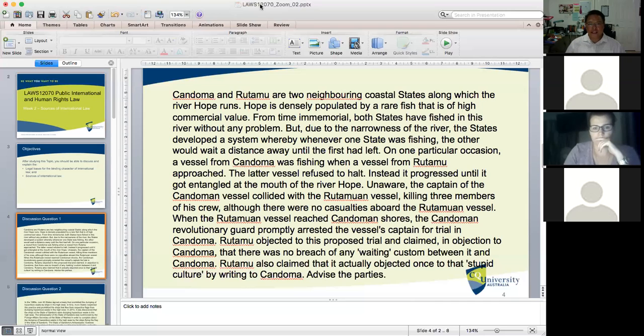When the Rutamuan vessel reached Kandoman shores, the Kandoman Revolutionary Guard promptly arrested the vessel's captain for trial in Kandoma. Rutamu objected to this proposed trial and claimed, in objection to Kandoma, that there was no breach of any waiting custom between it and Kandoma. Rutamu also claimed that it actually objected once to that culture by writing to Kandoma.